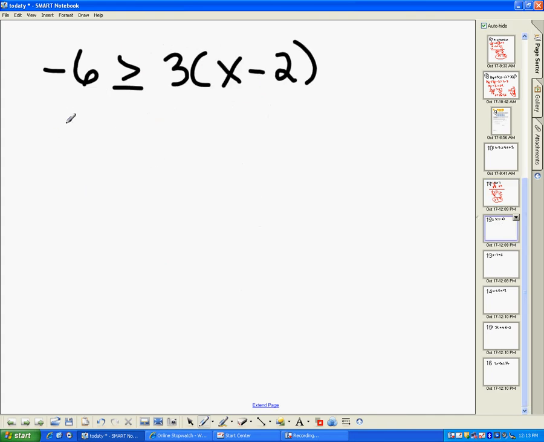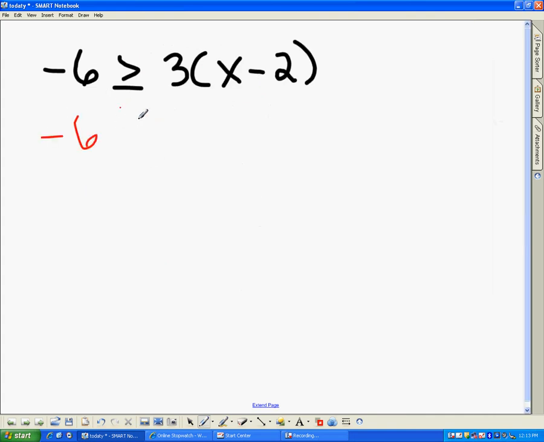This next one, we have negative 6 is greater than or equal to, I need to distribute this 3 to everything that is inside the parentheses. So this is going to be 3x, and then 3 times negative 2 is negative 6. Okay, so now I'm going to add 6 to both sides.